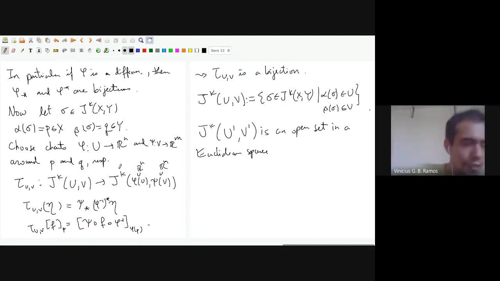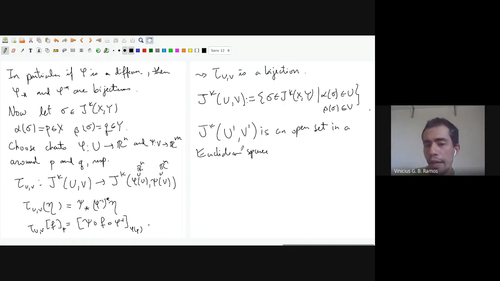So this map TUV not only determines the topology, but it also determines a chart. And because it determines the topology, it's by definition a homeomorphism.